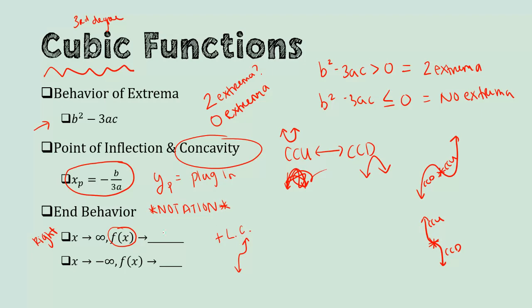So as x goes to infinity, f of x would go to infinity, or whatever the name of the function is. Whereas as x goes to negative infinity, that's the left, f of x is going to go to negative infinity. So we control this piece of it. If it says left, you need to know that it says x goes to negative infinity. It's just like a number line. If it says right, you need to know that means as x goes to infinity. What this is leading to is limits eventually.